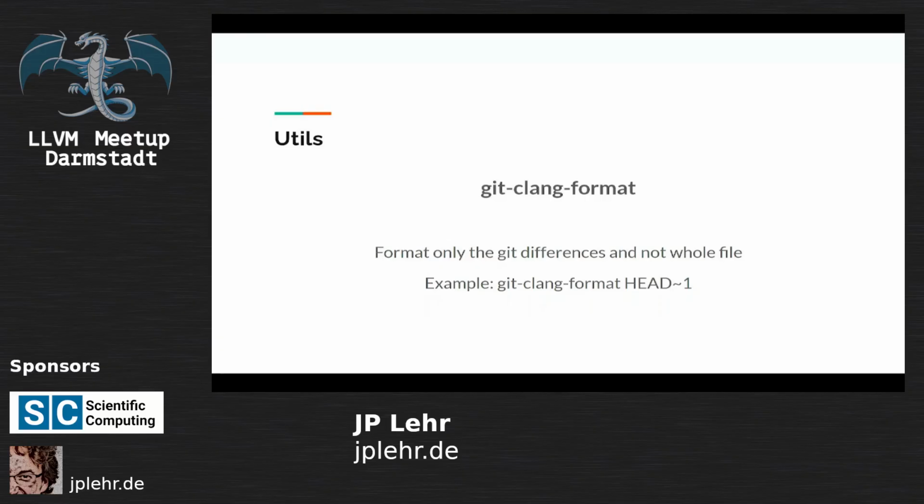So it won't reformat the whole file. That's handy if a lot of parts of the file are not necessarily formatted correctly, and you don't want to introduce a lot of noise in a PR or a patch. This will just format the diff for you. So that's good to use.